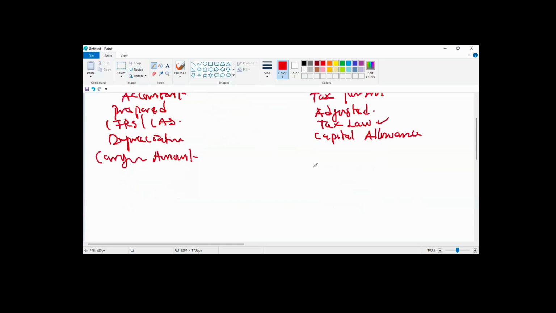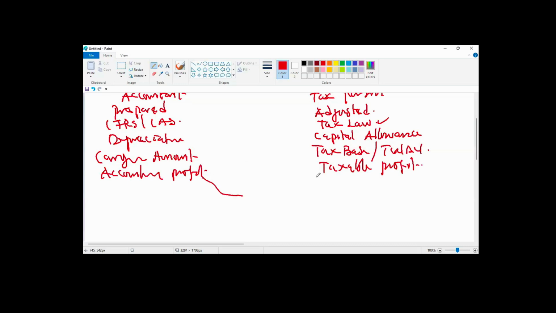The tax law says no, it's the tax base or tax written down value. The accountant says accounting profit; the tax person says it's taxable profit. So we have differences in the way we see things.